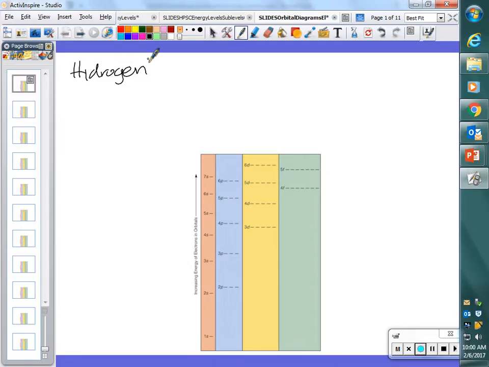What value on the periodic table tells us how many electrons we have to worry about? Atomic number. So, we look at hydrogen, and we find out that hydrogen's atomic number is what? 1. And that means that hydrogen has 1 electron that we have to place.